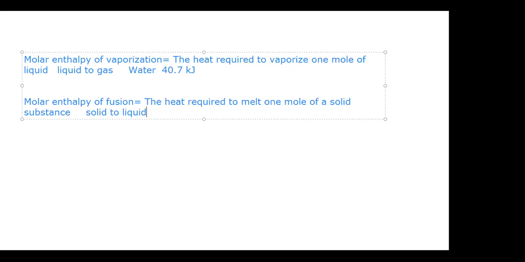But to make it go from solid to liquid, so to essentially melt ice, all you need is 6.01 kilojoules. And so they take different amounts. To go from ice to liquid, it takes only 6 kilojoules per mole. And once you get up into going from liquid to gas, it obviously takes a lot more energy to do that. Okay? Are there any questions?